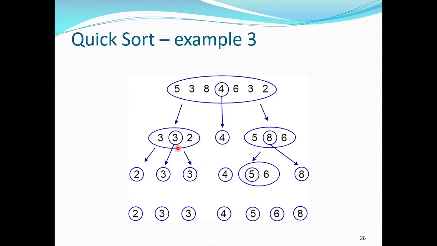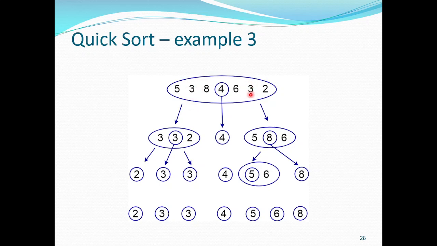Apply the same concept: 3, and then 2 is smaller than 3, and then 3 will be on the right side, so there will be 2, 3, 3. This is the first 3, and this will be the second 3.